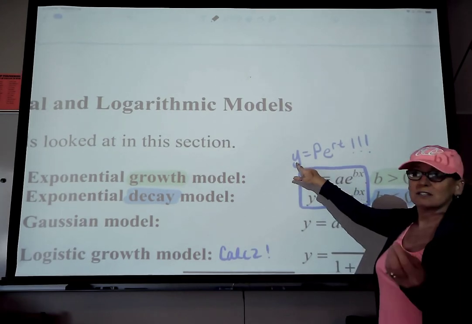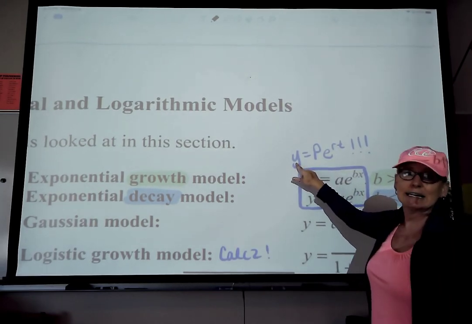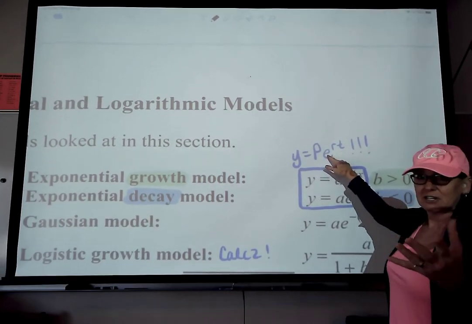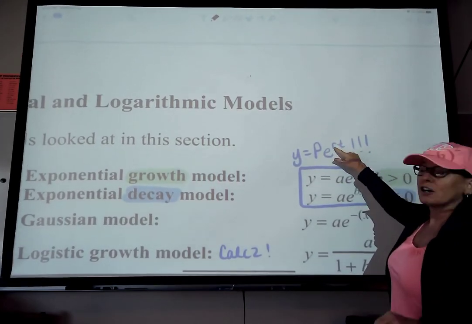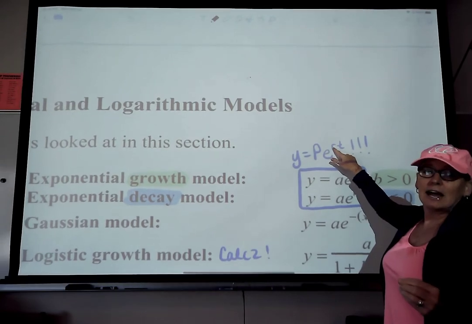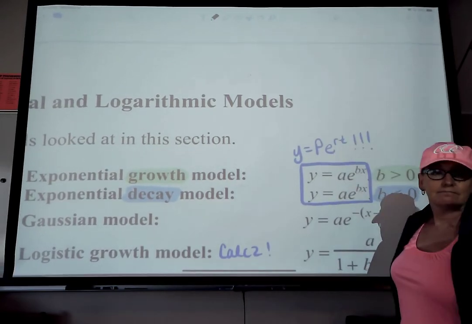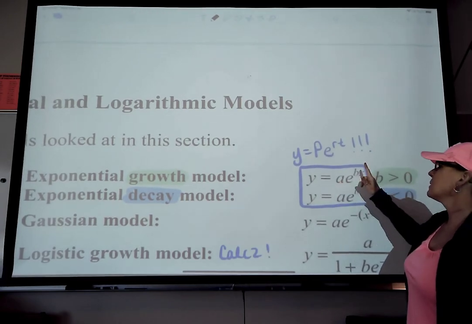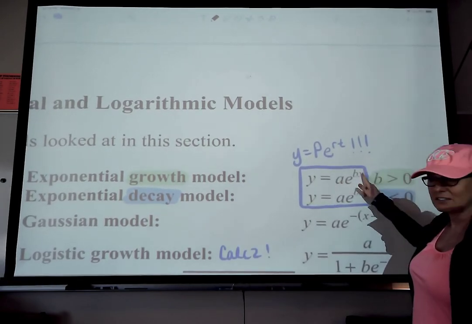Y is always your ending amount. E is a constant, 2.7-ish, know it. R is just your rate, and T is time. Or in this case, A is your starting amount, B is your rate, X is your time.